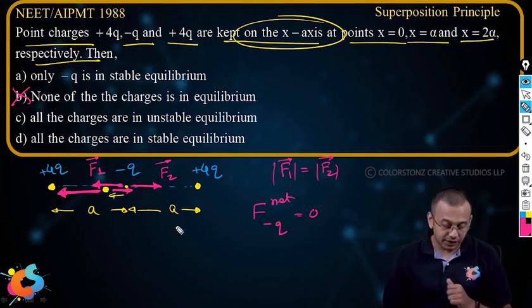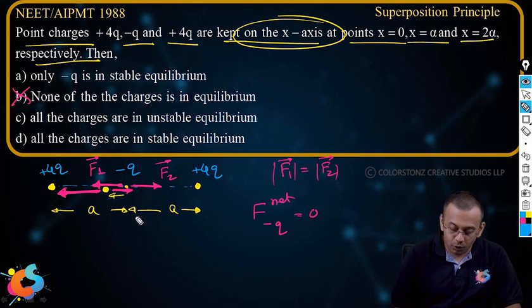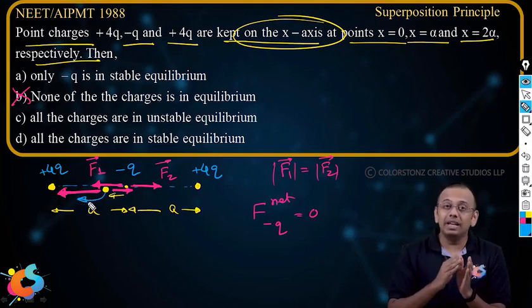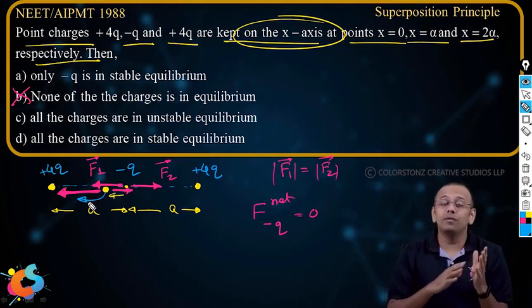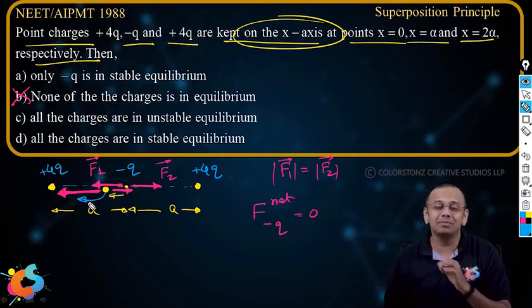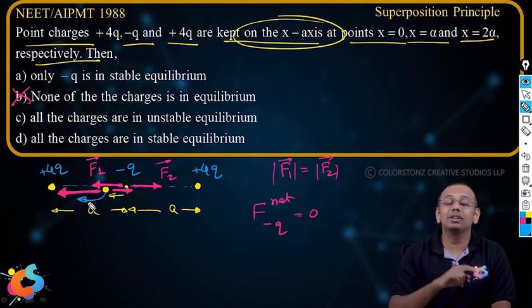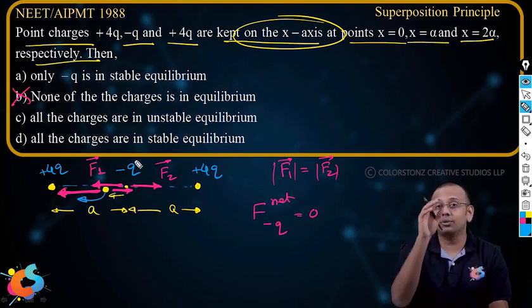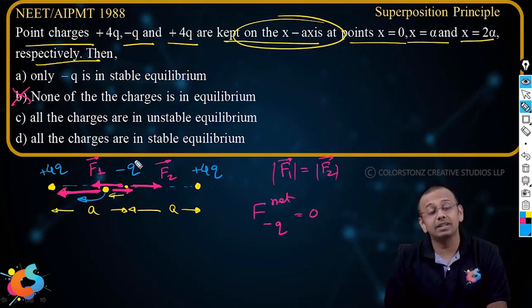Because of this, the charge will further want to go towards the left itself. A charge displaced towards the left that wants to go further left is in unstable equilibrium. If it was stable, it should have come back. Only along the line perpendicular to this will it tend to come back. Otherwise, it will tend to go away from the equilibrium position.